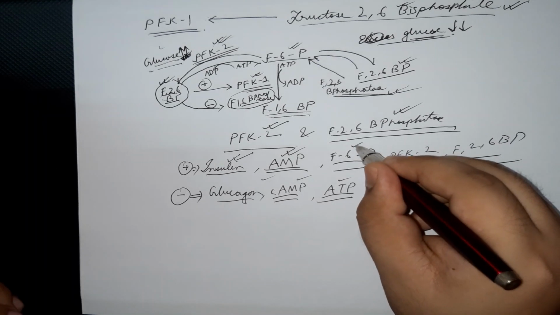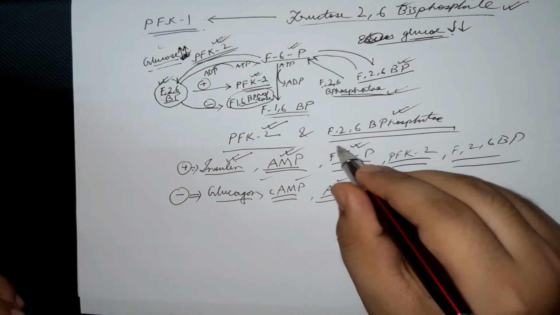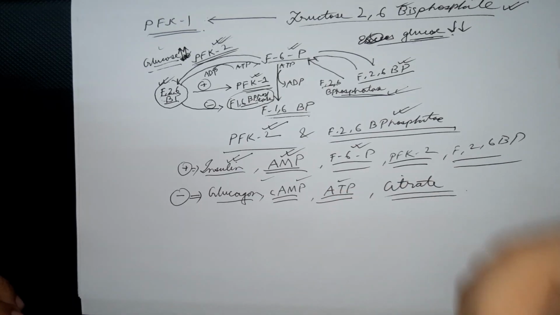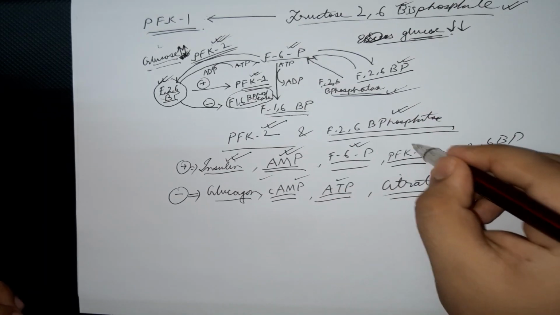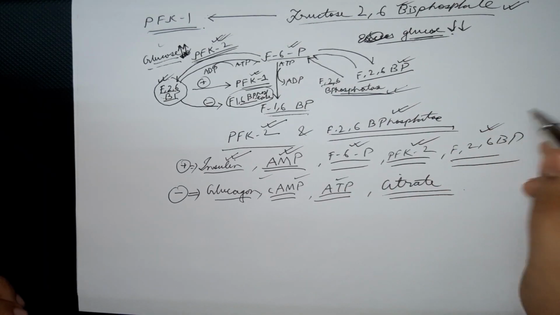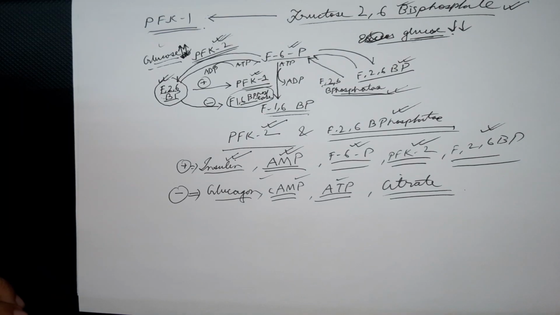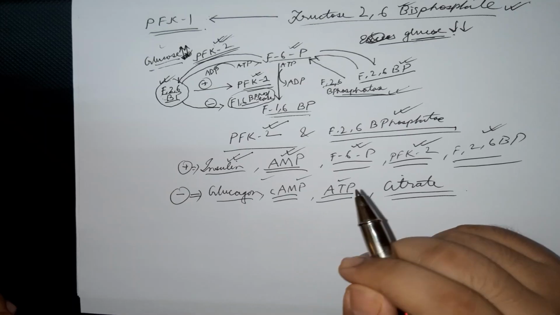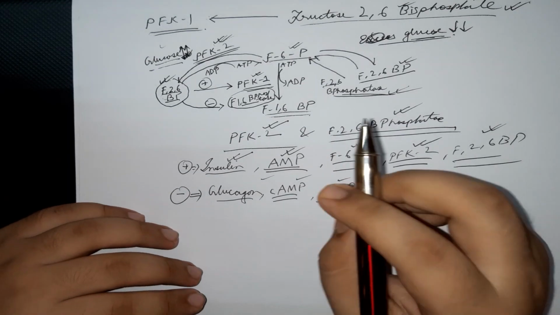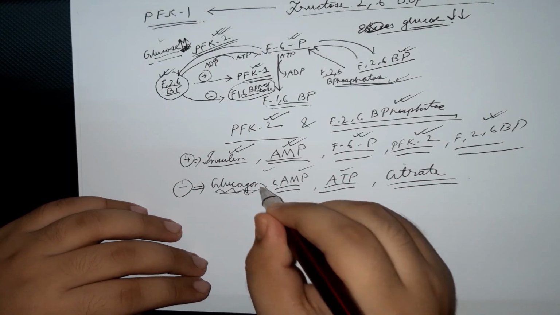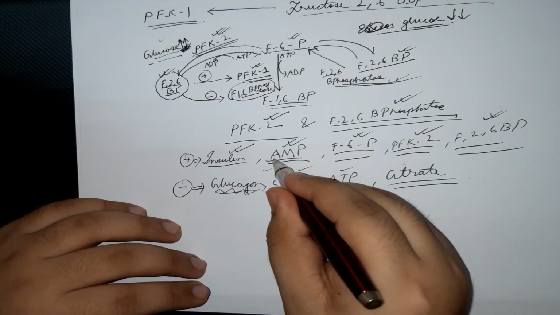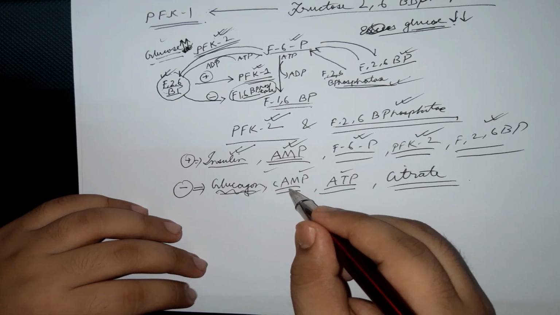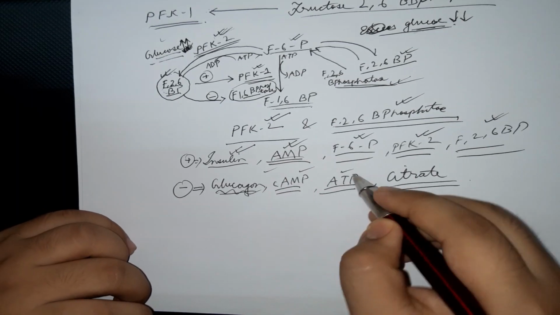Fructose 6-phosphate, because it is the substrate itself, will obviously positively induce, and fructose 2,6-bisphosphate also obviously, right? These are the positive effectors of PFK1. The negative effectors are glucagon obviously, and instead of AMP, cyclic AMP is an inhibitor.